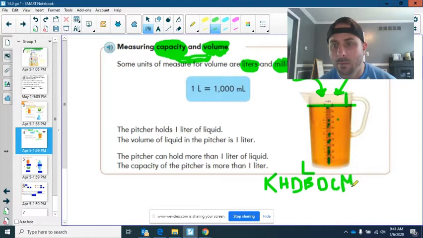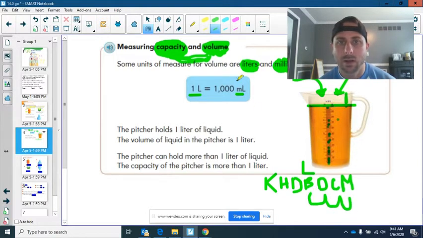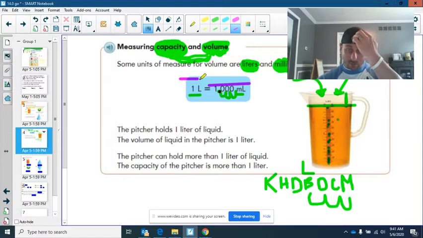And you're going from milliliters to liters. It would go 1, 2, 3 this way. So the decimal goes 1, 2, 3. So 1,000 milliliters equals 1 liter. So there's 1,000 little droplets, 1,000 droplets, milliliters of apple juice in here. But when you put them all together, you get 1 giant liter.